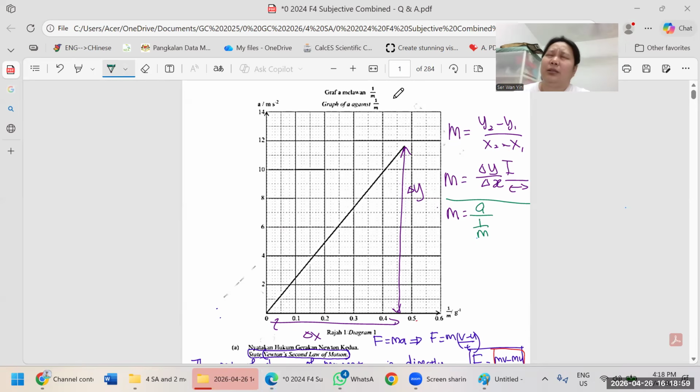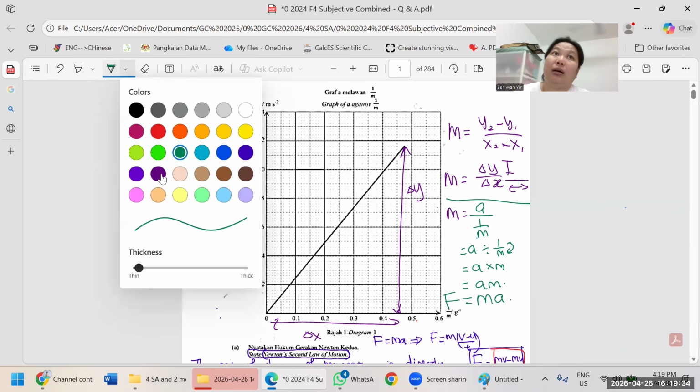You press your calculator, and as you know from Form 1, a divided by 1 over m becomes a times m. Then you may say, teacher, what is this? I never saw it. You change the place: ma. What equals ma? The force law.